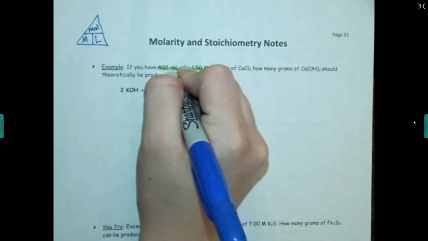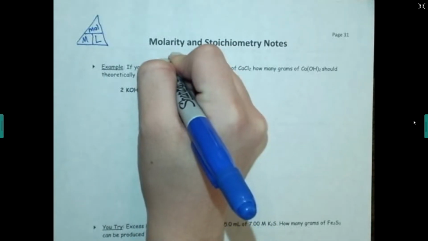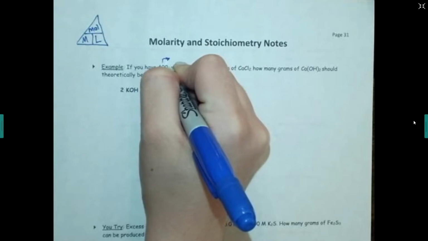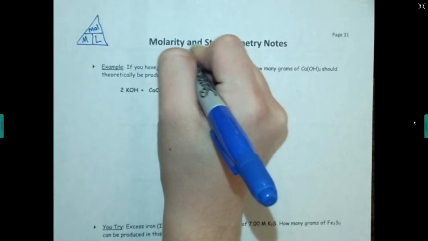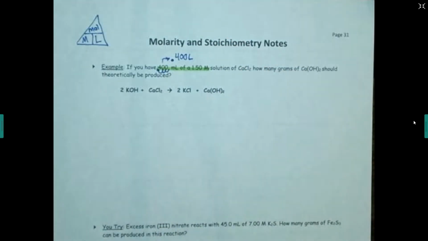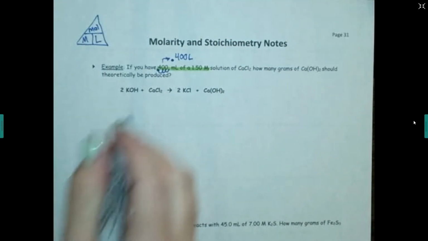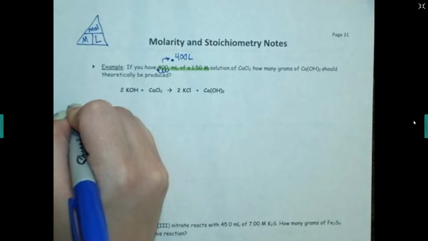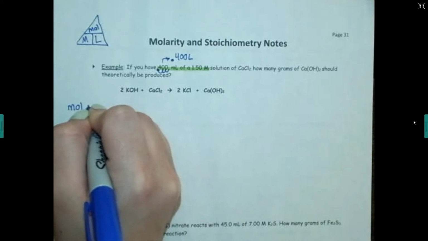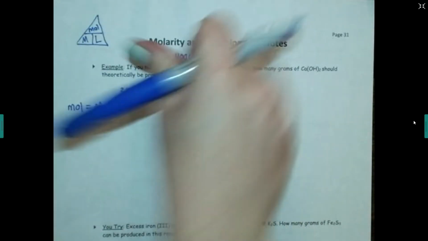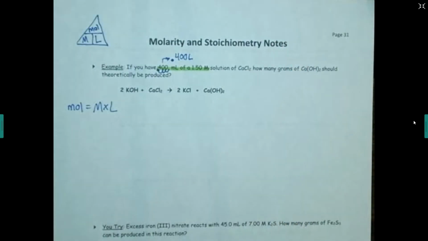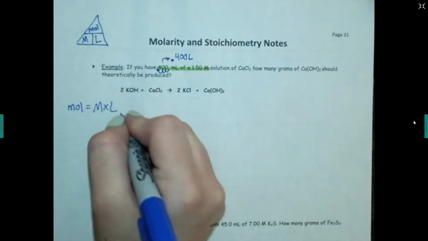The problem is this is not in liters, is it? So let's convert that to liters. Remember, you move the decimal 3 to the left, so that would be 0.400 liters. So we know that moles is molarity times liters, because we covered that with our finger. Then let's plug stuff in.